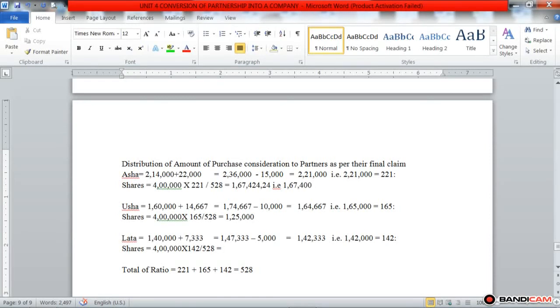So the shares received by Lata is equal to 1,07,575.75.